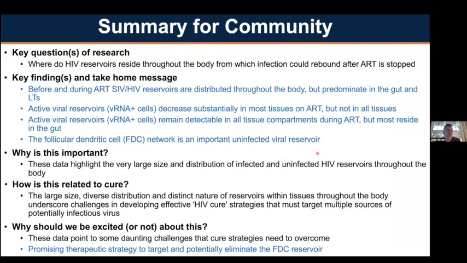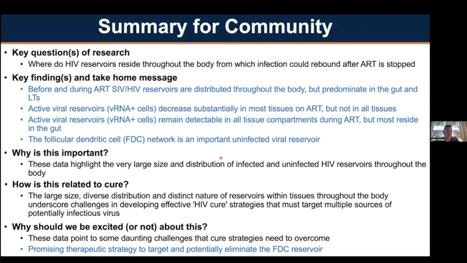So what I hope that I was able to show in this short period of time today is that before and during antiretroviral therapy, viral reservoirs are distributed throughout the body, but predominate in lymphoid tissues, both the gut and lymph nodes and spleen. That active viral reservoirs decrease substantially in most tissues, but not in all tissues. That active viral reservoirs remain detectable in all tissue compartments during antiretroviral therapy, but most quantitatively reside within the gut in these infected hosts.